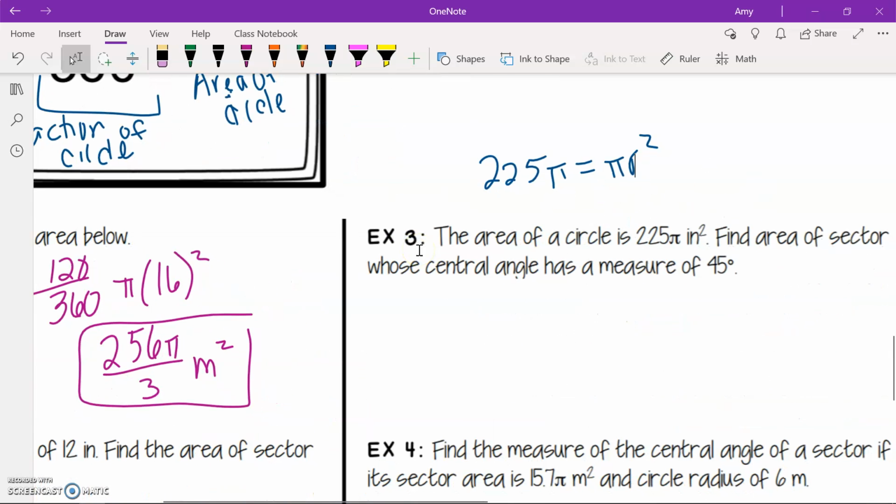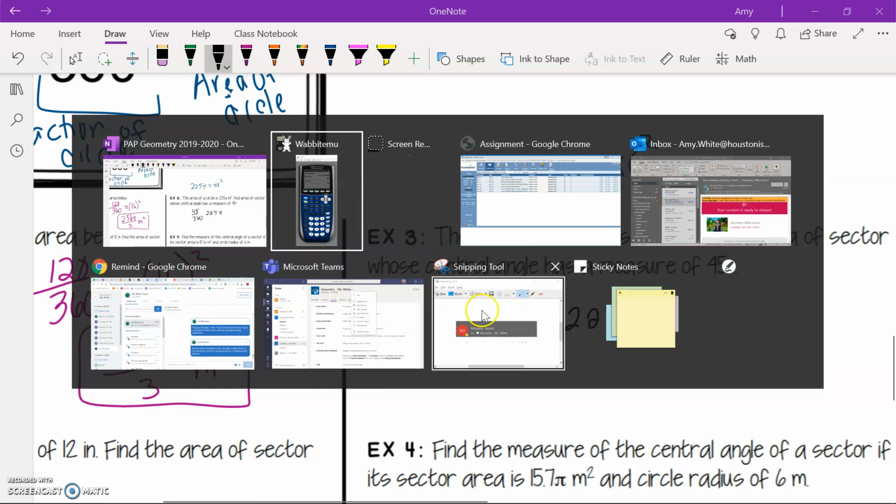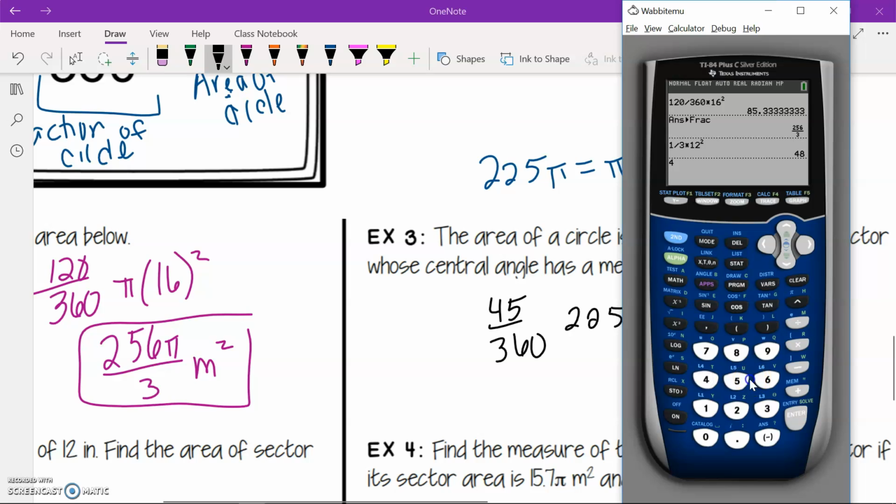So I could say that 45 over 360 times 225 pi. So once again, you don't have to go and use the formula exactly as it's written. You can make substitutions based on what you understand. So I'm going to do 45 divided by 360, which I do know is 1/8, times 225.